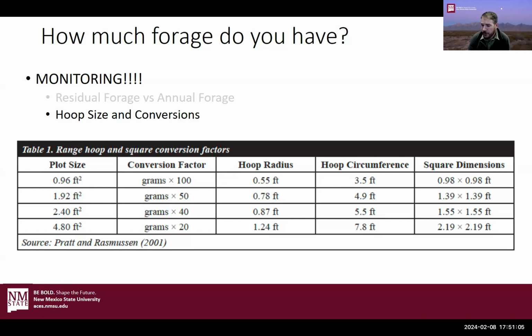So that's your conversion factor, and that's what this slide is displaying there in table 1. So essentially you have 500 pounds of forage. Very simple conversion. If you have 10 grams, that's 1,000 pounds. It's really easy to convert those things. And depending on the hoop size, you'll use a different conversion factor.